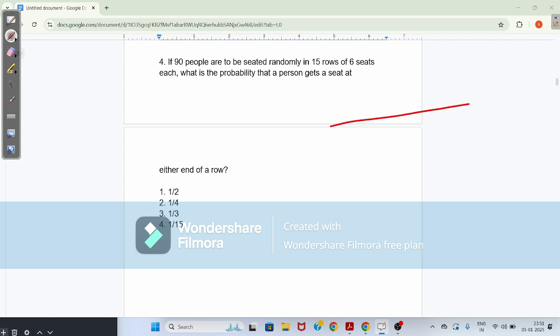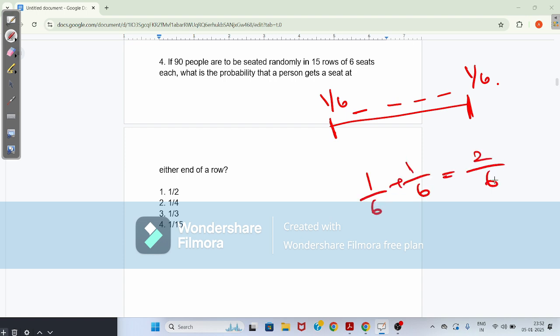Consider only one row here, and the last seats are these two. How many people are sitting here? 1 by 6, and here 1 by 6, because there are 6 seats. Add these two: 1 by 6 plus 1 by 6 equals 2 by 6, which equals 1 by 3, which is the correct answer here.